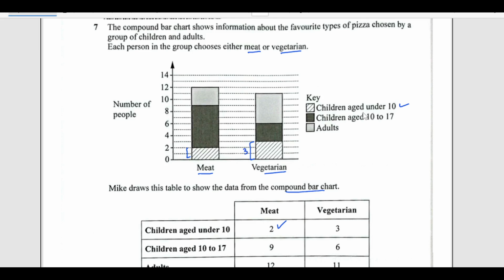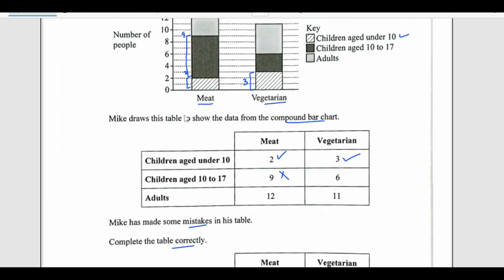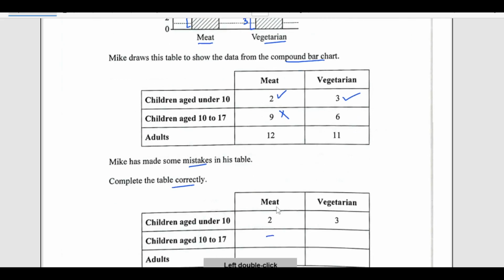So he is correct here. The next one, children aged 10 to 17. 10 to 17 is this gray dark part. For meat, it is from here to here, right? This is 9 and this one here is 2. So 9 minus 2 should be 7, but he has written 9. So this is not right. We will put 7 here.